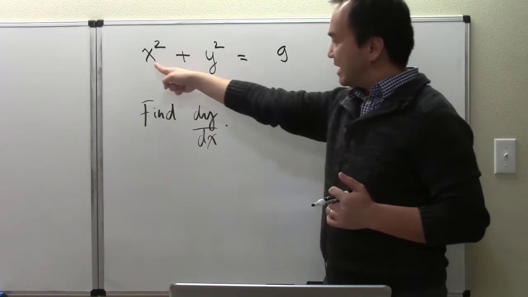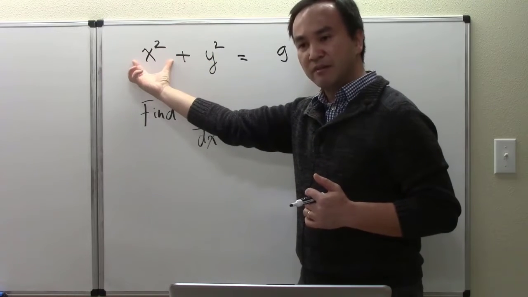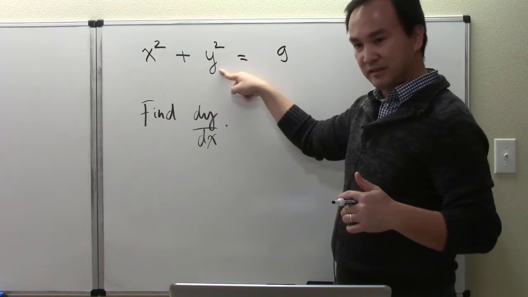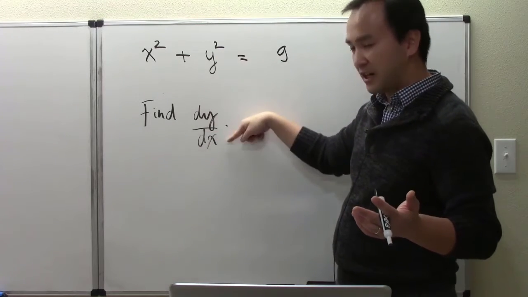So x here is a term that's explicitly defined, but y here is to be understood as some function implicitly defined in terms of x.